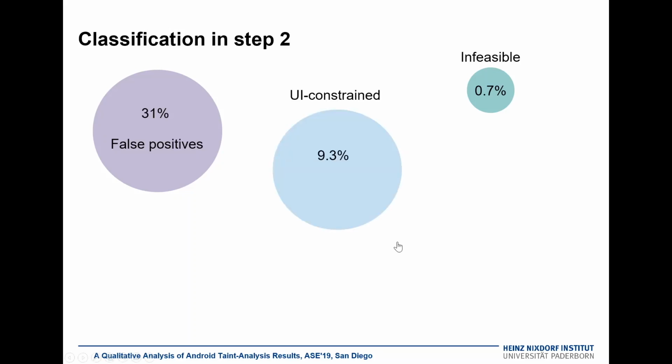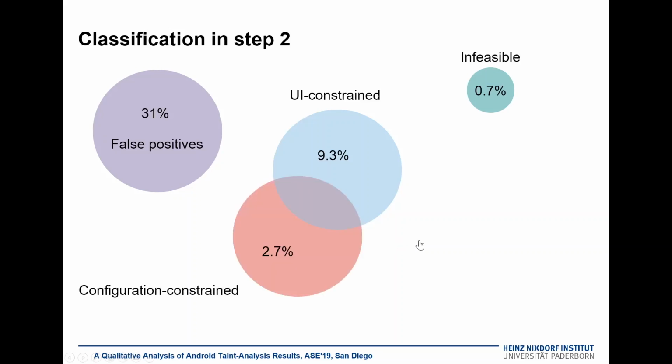We also identified that 9.3% of taint flows are only dependent on UI interactions. 2.7% of them are only dependent on configurations, and 0.6% of them are only dependent on I/O operations.